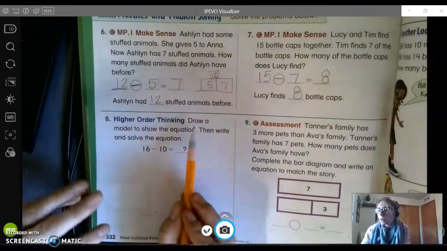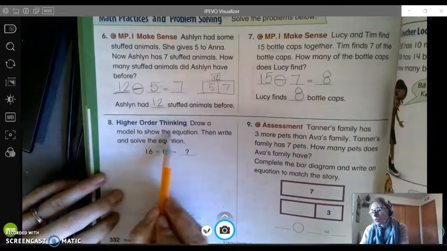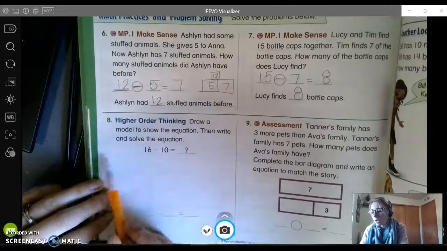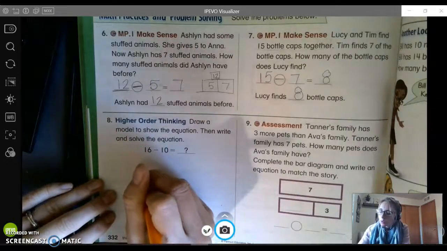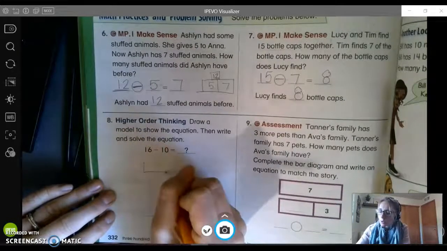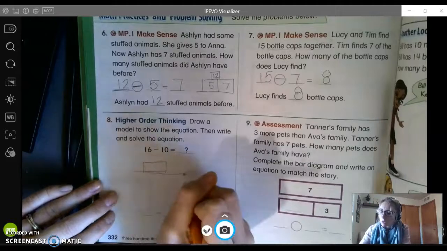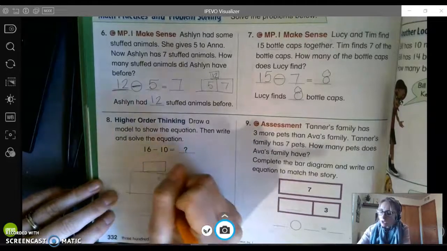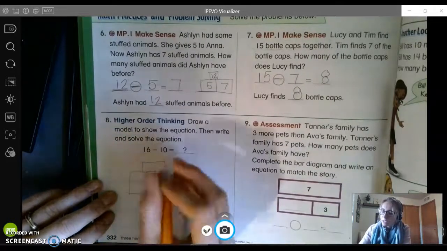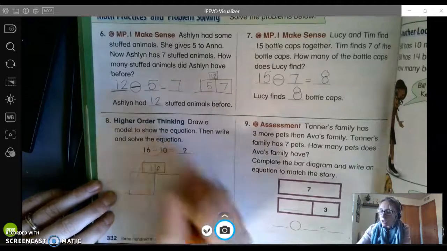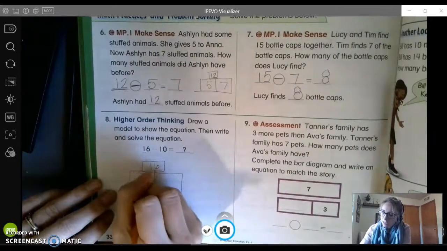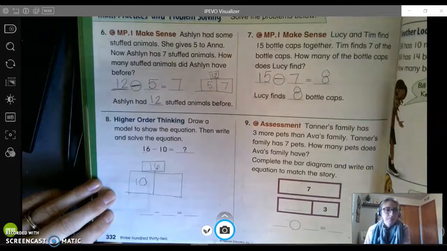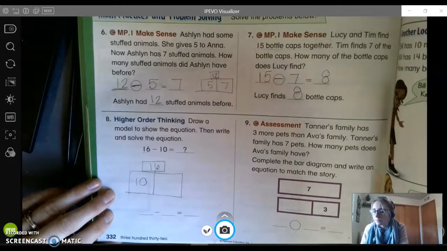So this next one, draw a model to show the equation, then write and solve the equation. So a model just means use those bar pictures we've been working on, or use part whole. Either one is fine. So 16 is the whole, or the big bar at the top. 10 is the part that we know, and we need to find the missing part.